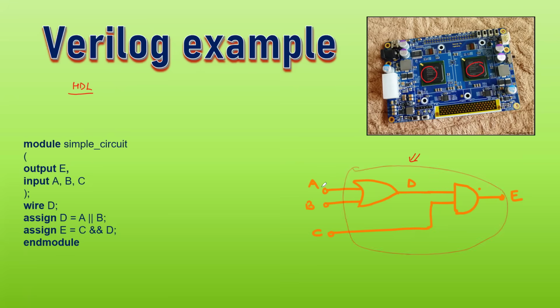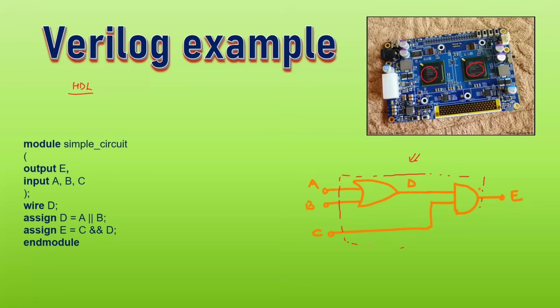In this circuit, I have A, B, and C as the input variables, and the output of this circuit is E. I can also understand this circuit like this: you can see that this is in a box.